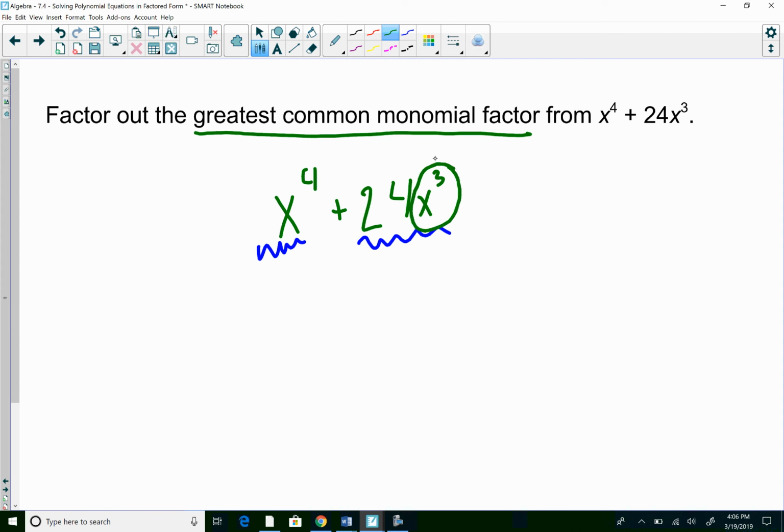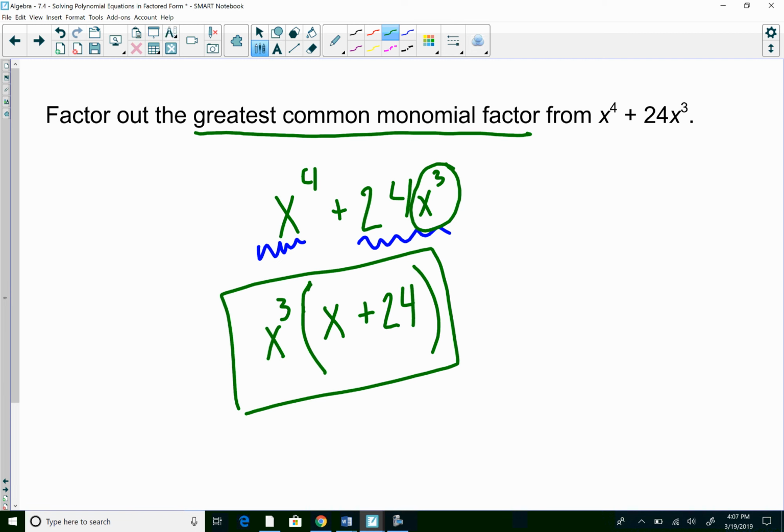And you would only be able to take out the smallest amount of that variable. So you would only be able to take out x cubed. Once you have taken out x cubed, then you're left with x plus 24. And that's all there is to it. It's pretty straightforward.